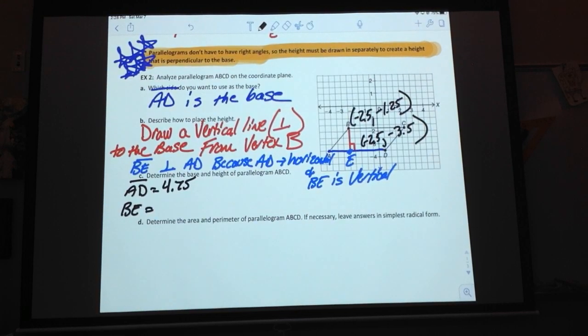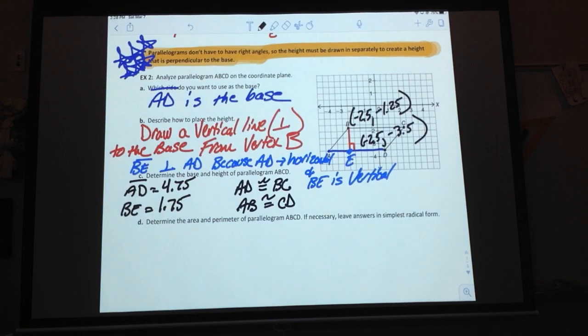And when I count from B down to E, that is going to be 1.75. Now remember that I know that AD is congruent to BC. And I also know that AB is congruent to CD. Remember, I know these because it's a parallelogram. I have defined it as such.